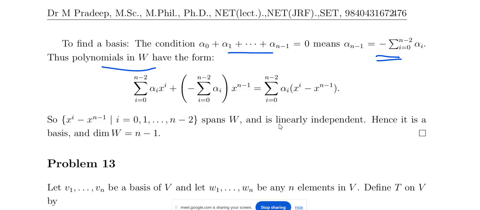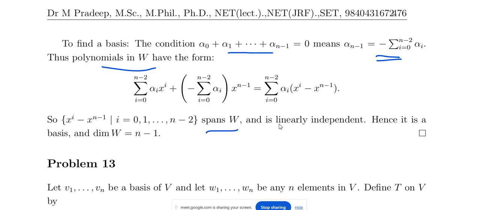Taking alpha i common outside, this equals summation of alpha i times (x power i minus x power n minus 1). So x power i minus x power n minus 1, for i equal to 0, 1, 2 and so on up to n minus 2, spans W.